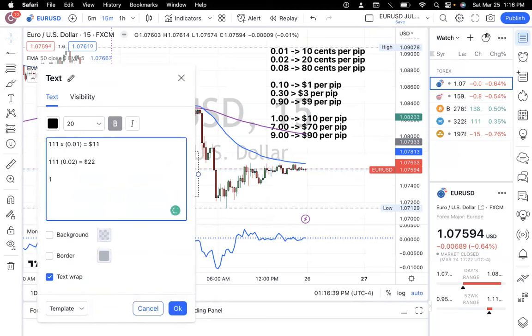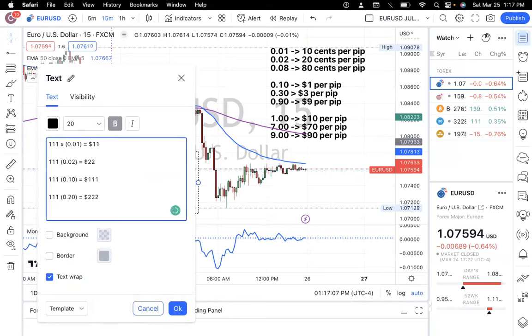Now, if we have 111 pips and we're using a 0.10 lot size, then we could have made $111 in this trade. Just like if we used a 0.20 lot size, and I love these angel numbers, by the way, that could have been a potential profit of $222.